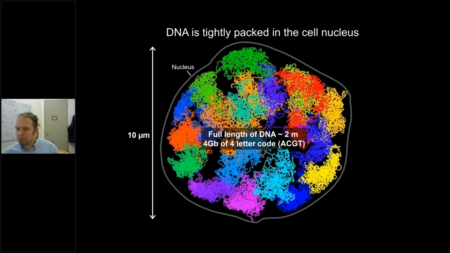So all of this happens on top of densely packed chromatin throughout the entire cell nucleus. We have our 2 meters or 6 feet of DNA that we need to compact into a nucleus that is maybe 10 micrometers in diameter on average. So that's 4 gigabytes of information in human cells that is very densely compacted in here.